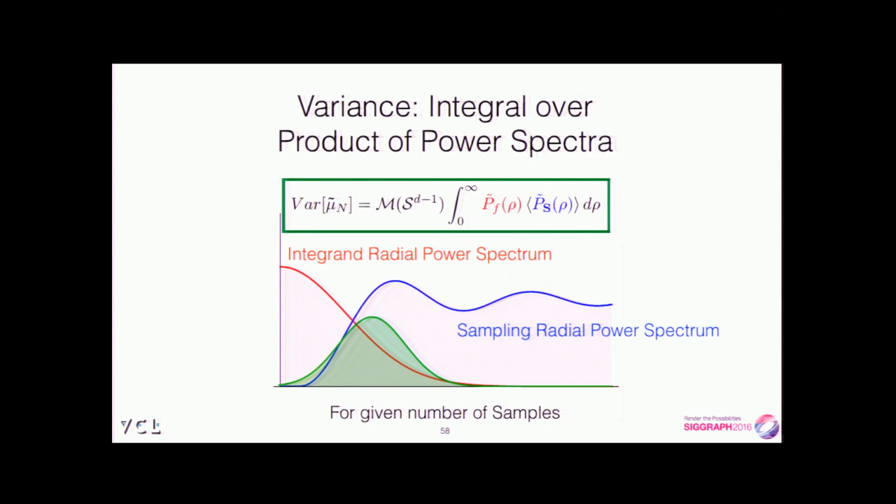When we came up with the 2013 paper, we were hoping that the next paper published by anyone would be an optimized sampling pattern where you take an integrand, look at its peaks in the spectrum, and come up with a sampling pattern that has peaks offset from it so that you get low variance. It turns out that's quite hard. So far, no one's done it. We've tried it as well, and there are a lot of optimization issues. But it seems like that's the main benefit of knowing this.